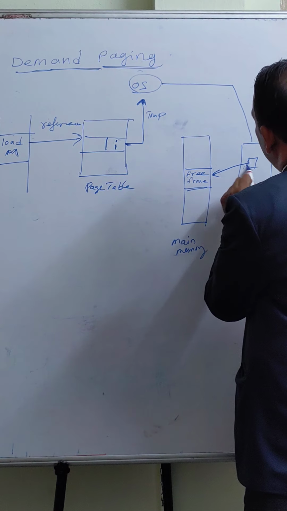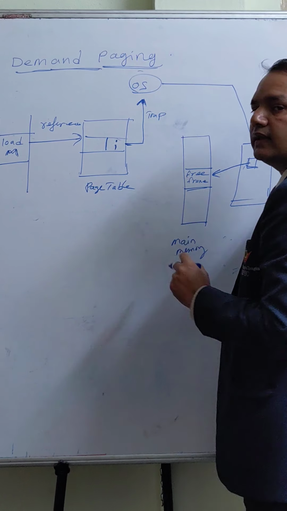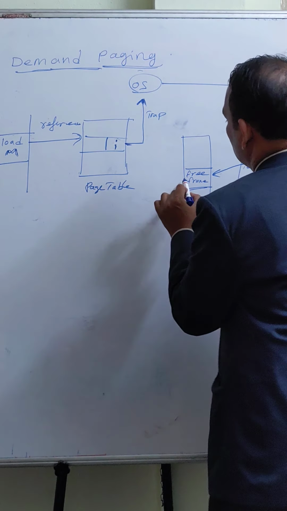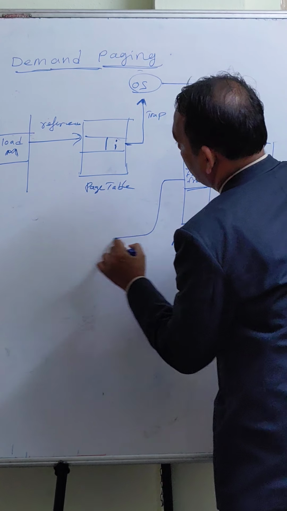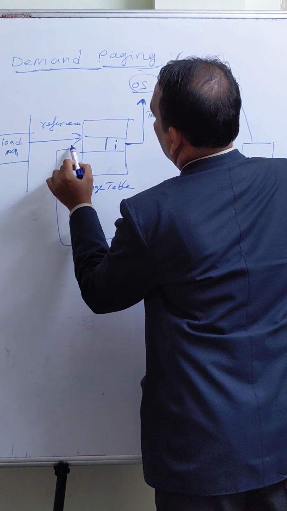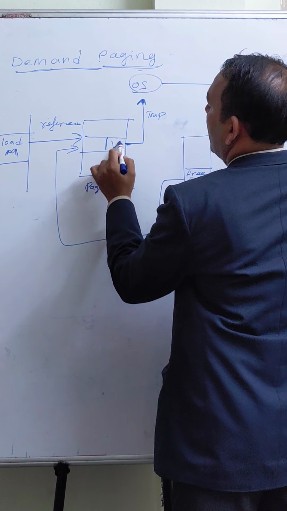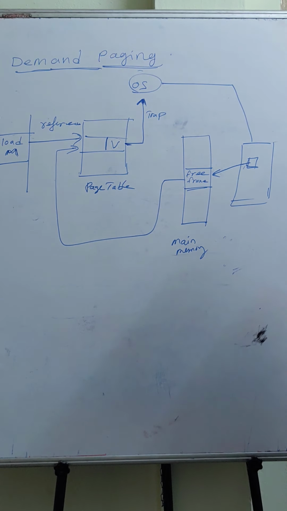After this frame is available in the main memory, immediately we need to update the page table. So the page table should be updated. So here I will become what? Valid. It means that particular page is available.